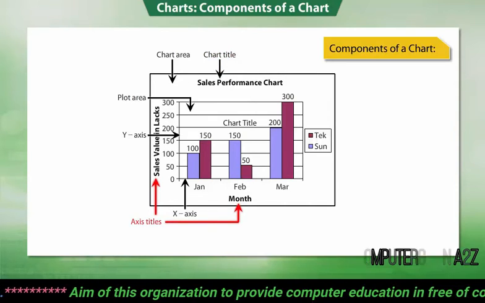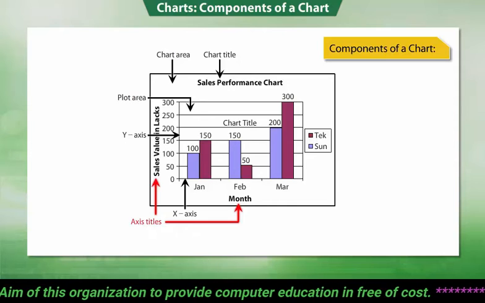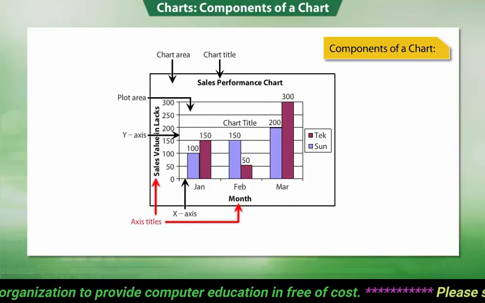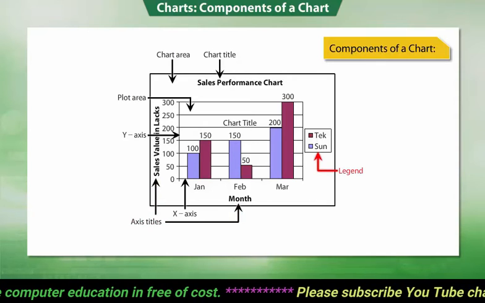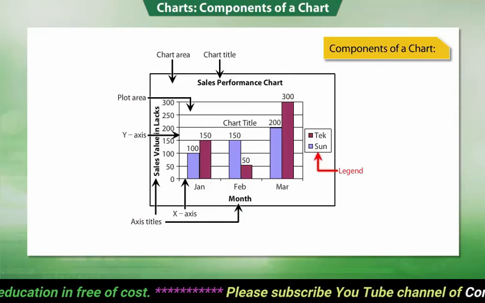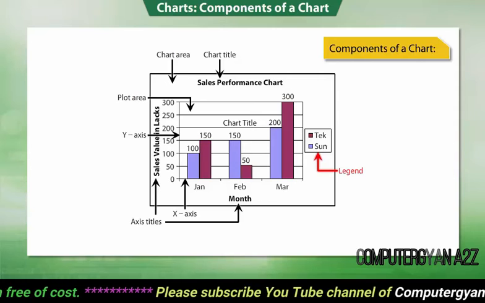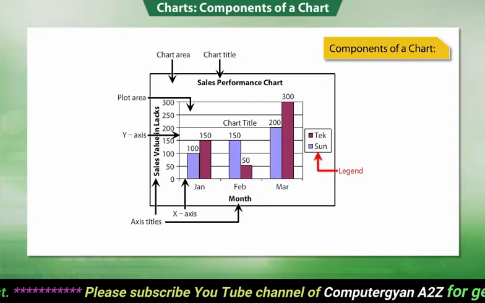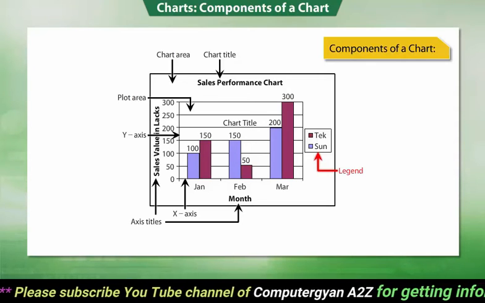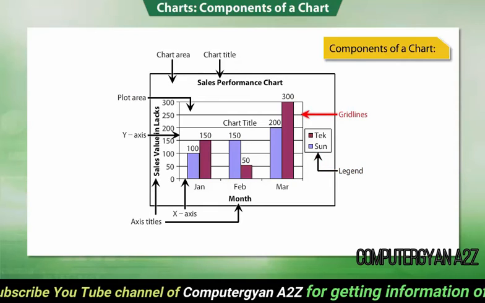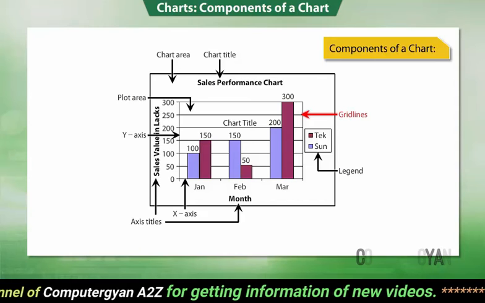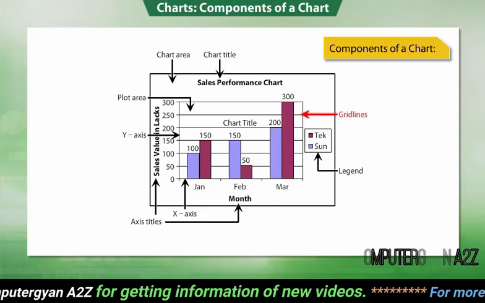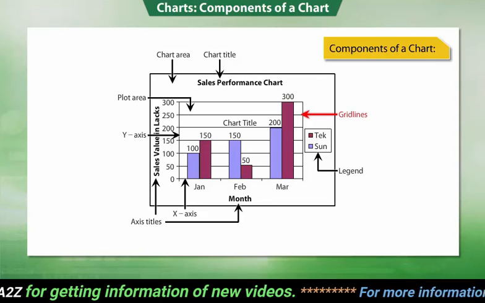These are the titles given to 3 axes, that is X, Y and Z. Legend. Legends are some sort of labels that identify different series that have been plotted in the chart. Grid lines. These are the horizontal and vertical lines in the plot area that enhance its readability.